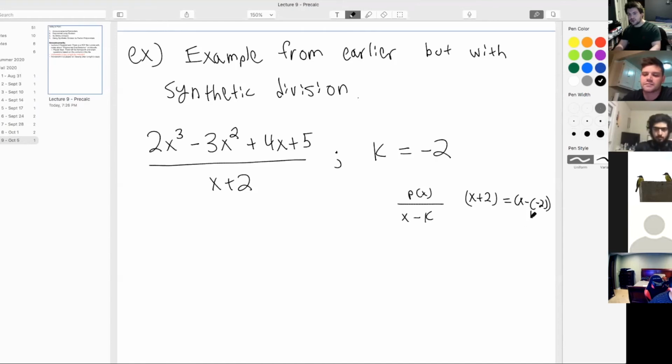So negative 2 is playing the role of k. You see how this looks just like that now? So it does not need to be x minus a positive number. It can also look like this, x plus 2. In that case, your k is just going to be the negation. Very good point.